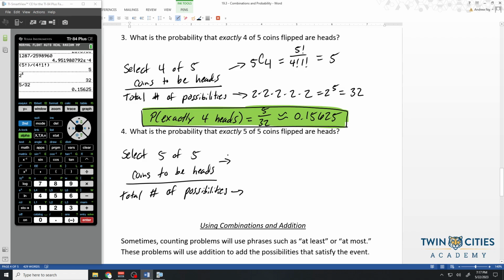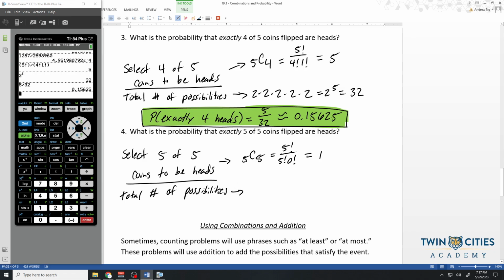Well, in this case, 5 of 5, that's 5C5. 5 factorial over 5 factorial, 5 minus 5 is a 0 factorial. But I don't really need to do that. I just need to think about it and say, how many ways is there to select 5 objects if there are 5 in total? Well, there's only one way. That's to select all of them.